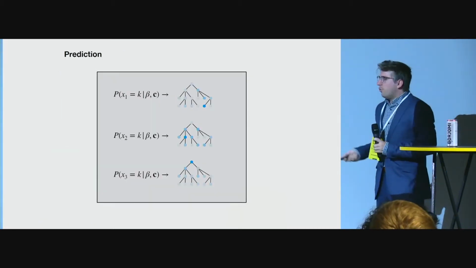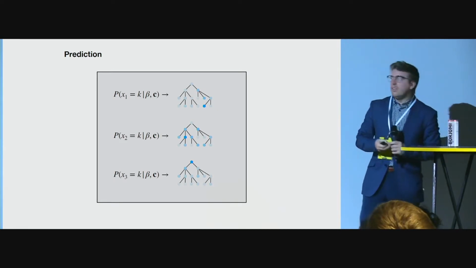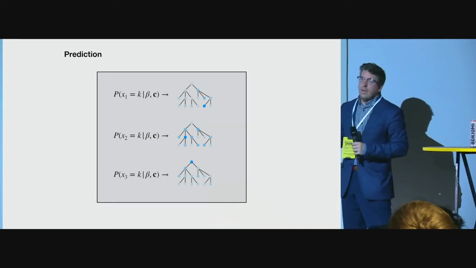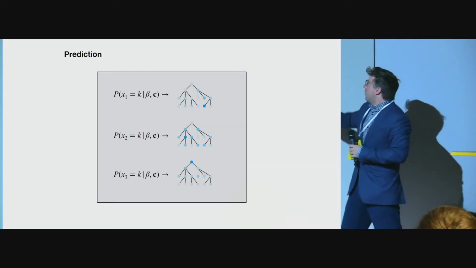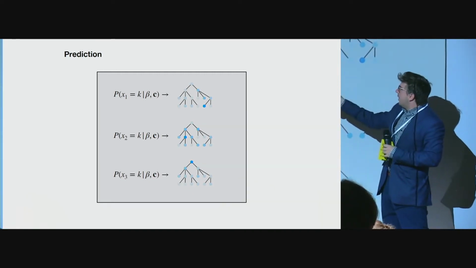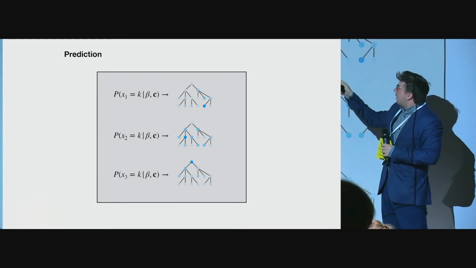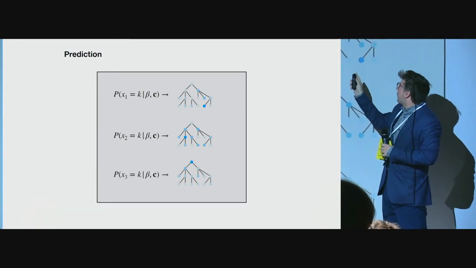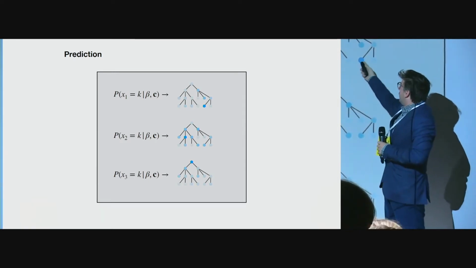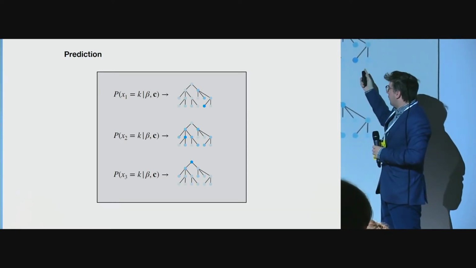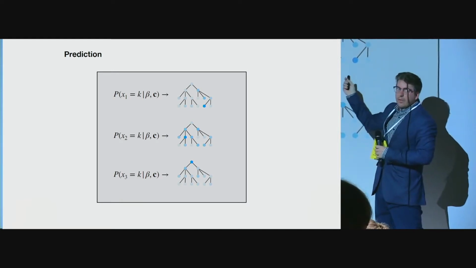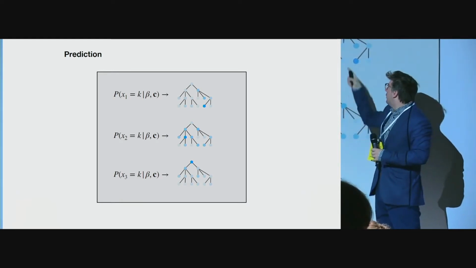You can also use this. I get a new cell. This new cell, where can I confidently say it is in this taxonomic tree? Then you might predict that, oh, this cell C, we're very confident that it's down here. That's a good result, because we know very certainly which cell type it is in the final line of this hierarchy.